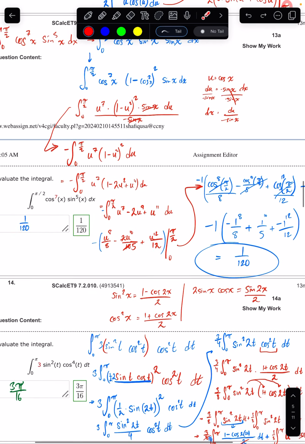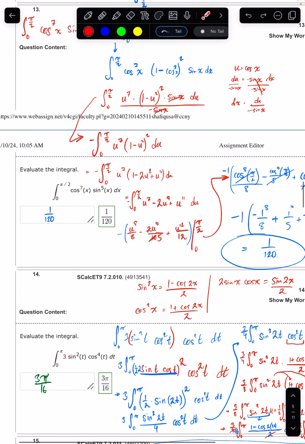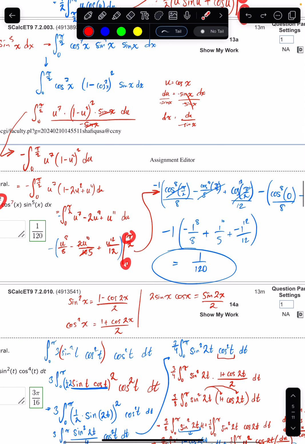But over here, since we kept these values, it tells us that we need to substitute back in for u. If we don't do that, then we have to plug in these values for u: cosine of pi over 2, and cosine of 0.